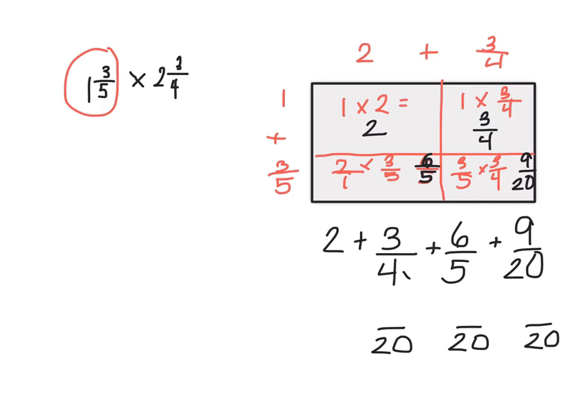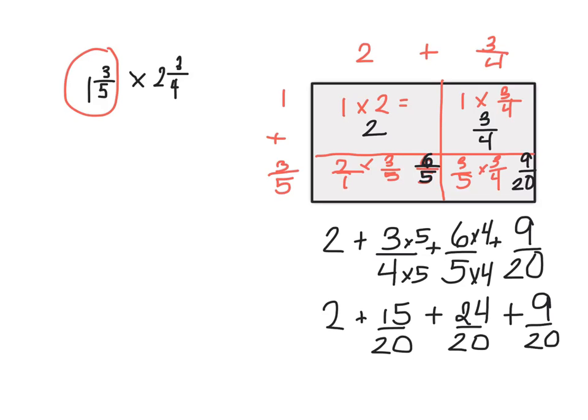So 4 times 5 is 20, and 3 times 5 is 15. 5 times 4 is 20, and 6 times 4 is 24. And I don't have to do anything to this fraction because 20 times 1 is 20, and 9 times 1 is 9. I'm adding all of those fractions, but I also have this 2 that is a whole number.